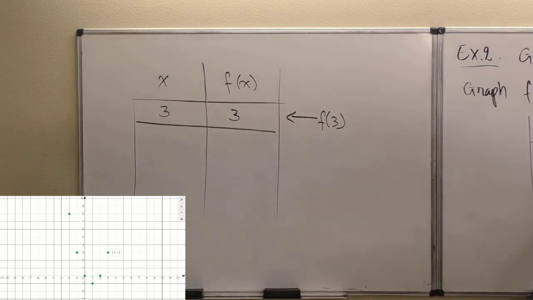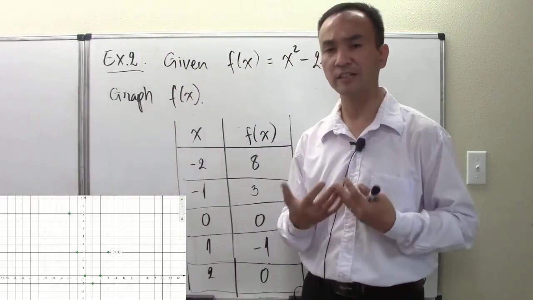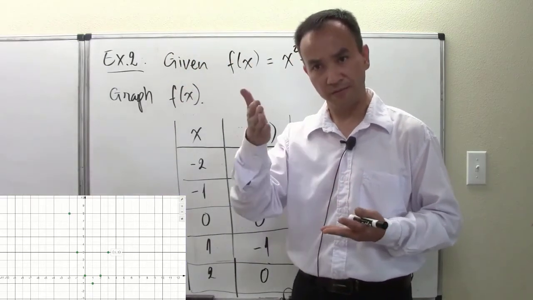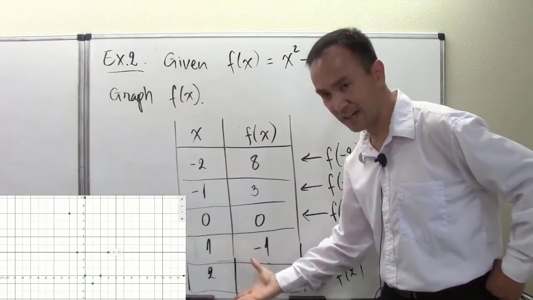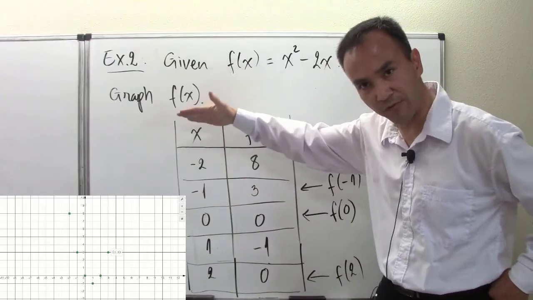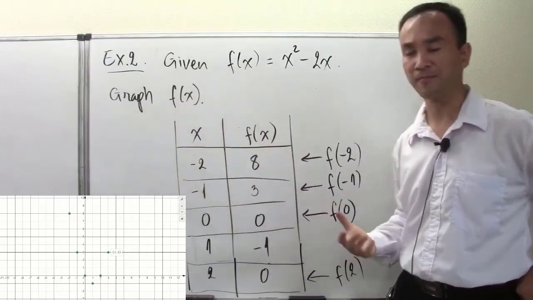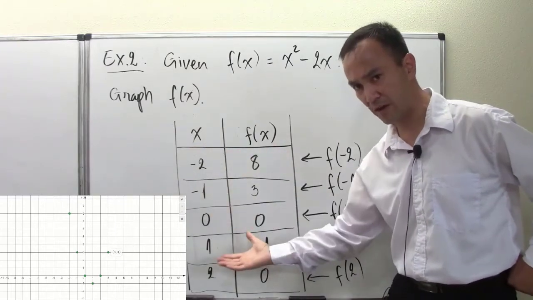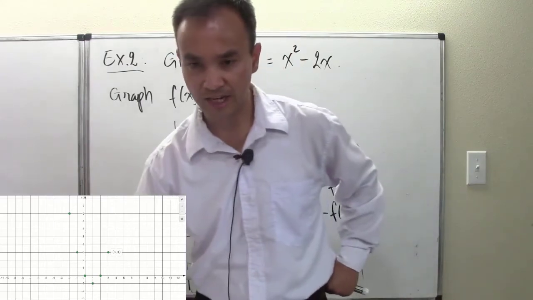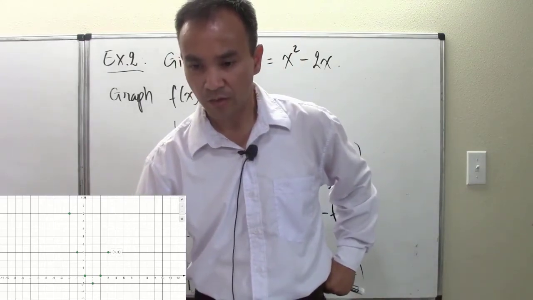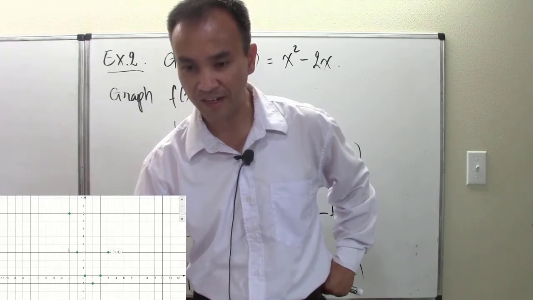Now, just like I was saying earlier, a graph is a visual chart of the table over here. The table of values is already a chart, but the graph is a visual chart. We transform this table of values into a graphical display, because it shows us what's happening when x equals 3, when x equals negative 2, we have a height like this.